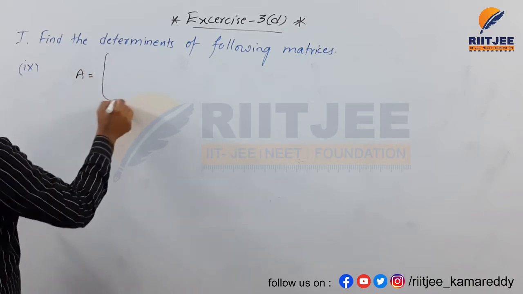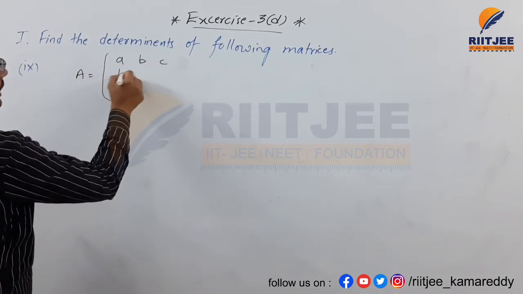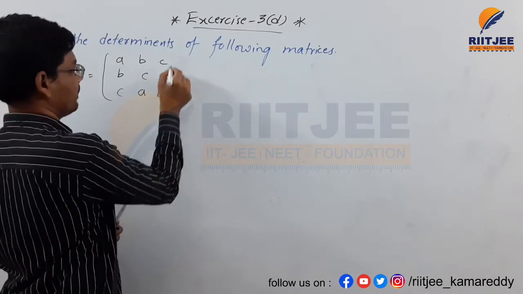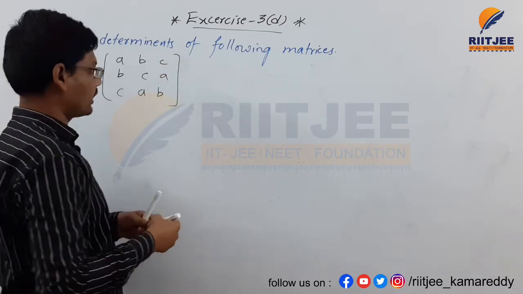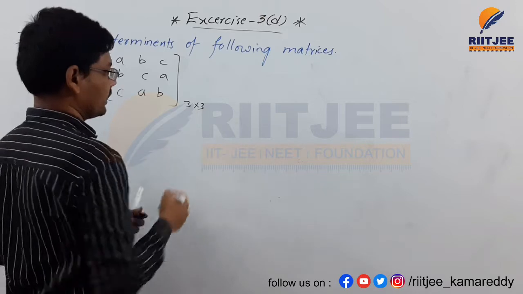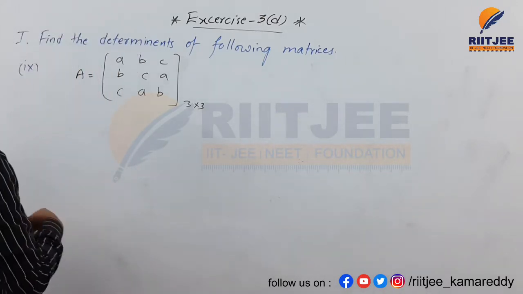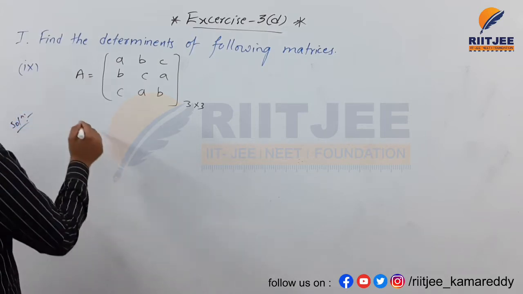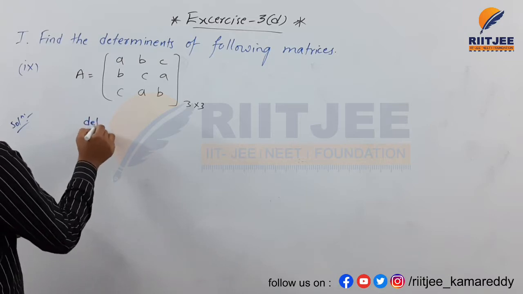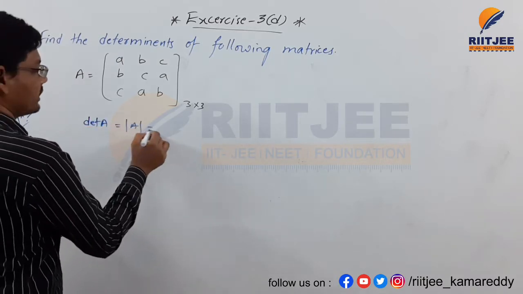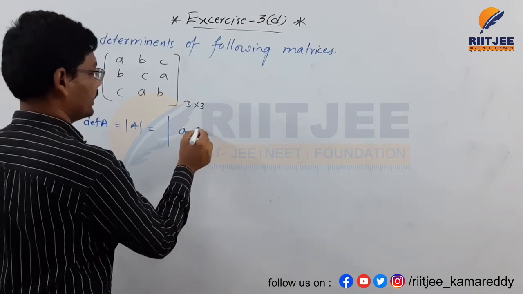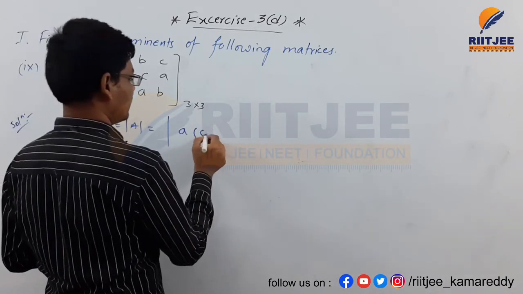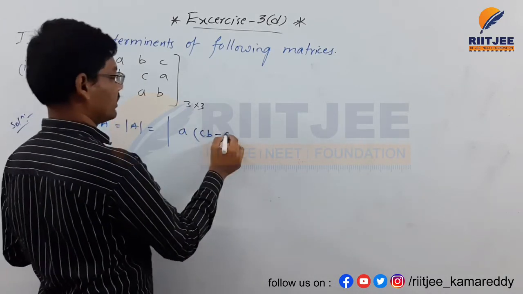the given matrix I am taking ABC, BCA and CAB. This is a matrix of 3 by 3 order, and I am finding the solution here. Let's find det A, or mod of A, is equal to the modulus of A into, let's remove the row and column which has A here, CB minus A square.